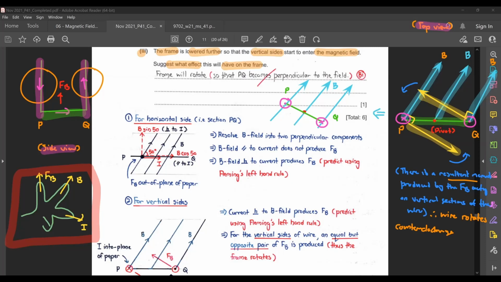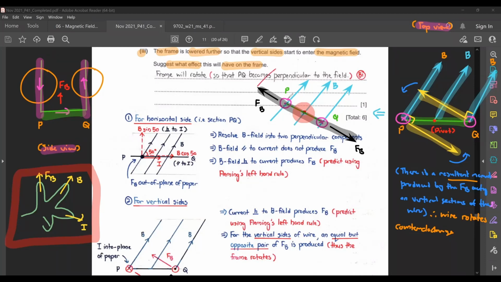Now if you use Fleming's left-hand rule to work out the direction of your magnetic force, you will notice that the magnetic force direction for this end here is in this direction, and for the other end is going to be in this direction. These would be your magnetic forces acting on the vertical sides of your wire. Notice that they are acting along the same line here, so it also passes through your pivot at the same time. There's no perpendicular distance to consider.